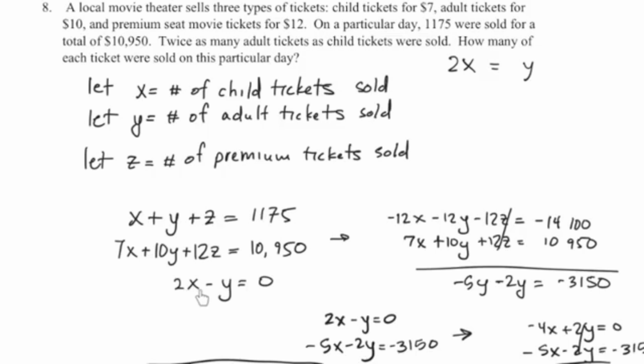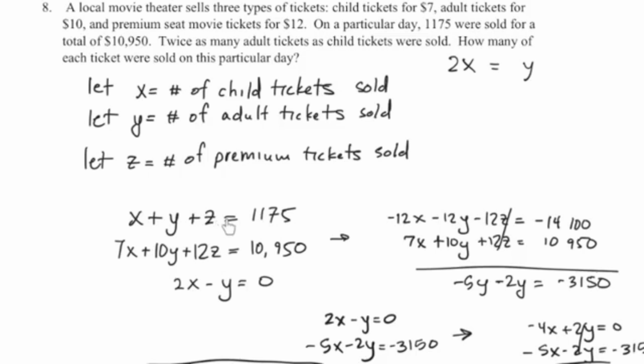The bottom equation already has z missing; we only have x and y. So I took the top two equations and wanted to eliminate z, since this equation already had z missing.